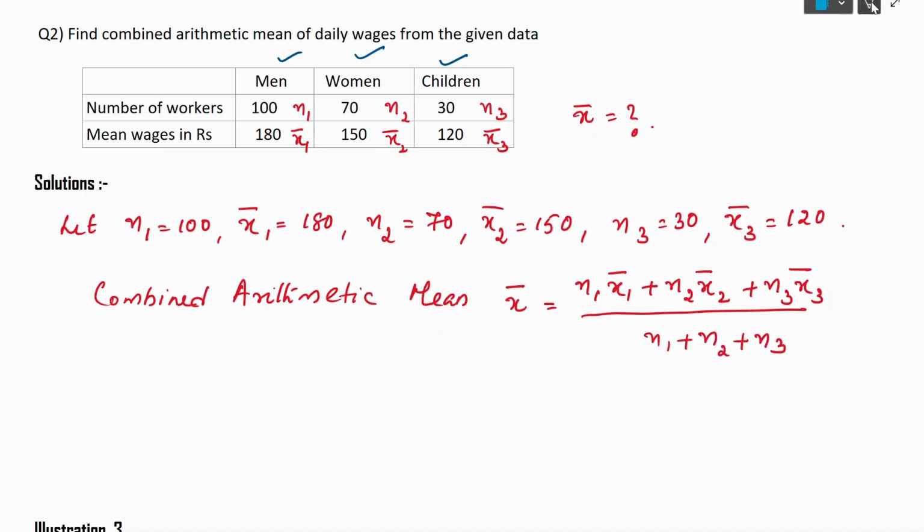Here, because we use it for 3 groups, the formula is changing to 3. That is N1 X1 bar plus N2 X2 bar plus N3 X3 bar divided by N1 plus N2 plus N3.